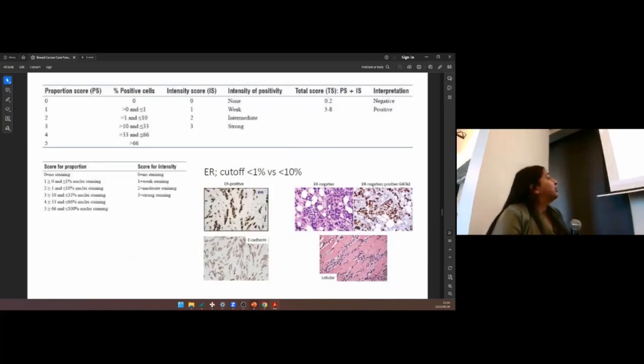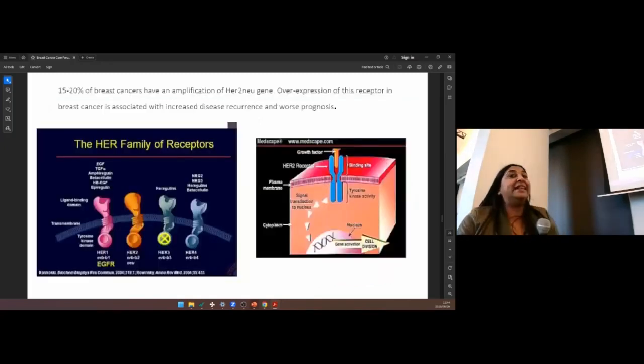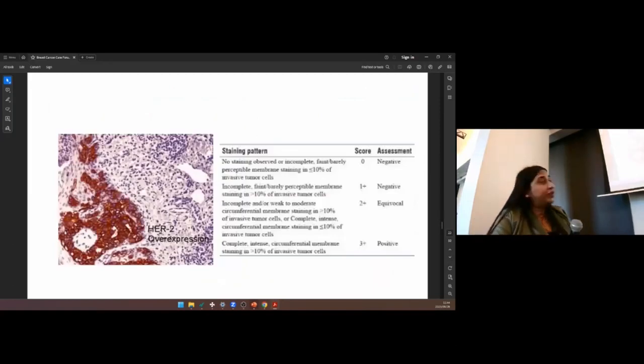We also do scoring for HER2/neu, 0, 1, 2, or 3, which is overexpressed, and then we also give a Ki67 score.